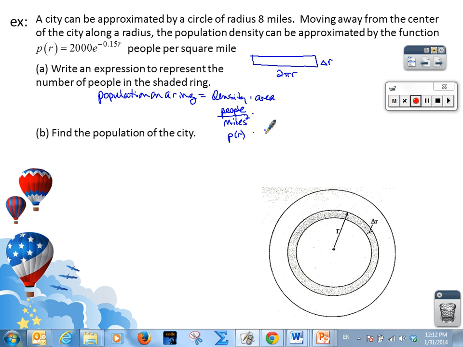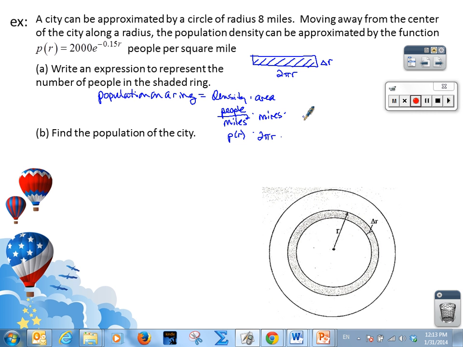Okay. Our area is actually represented by this little strip that I've drawn right here, where 2 pi r is measured in miles. It's basically the circumference here. It's measured in miles. So this would be 2 pi r in miles, times our delta r, which is like our height, if you will.